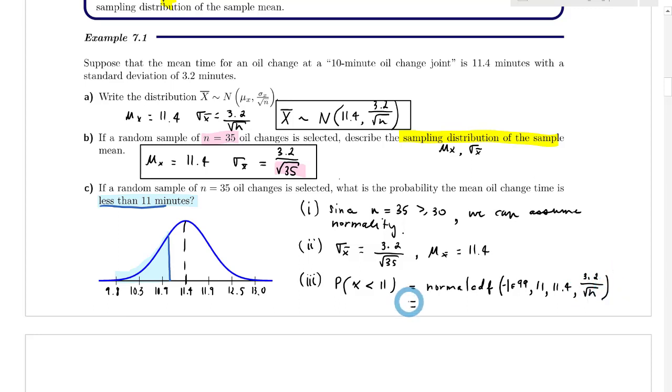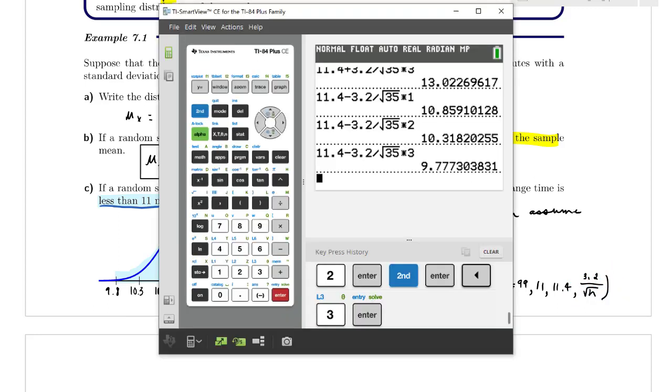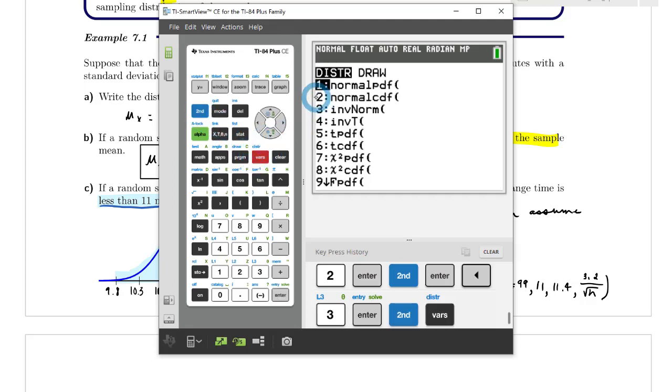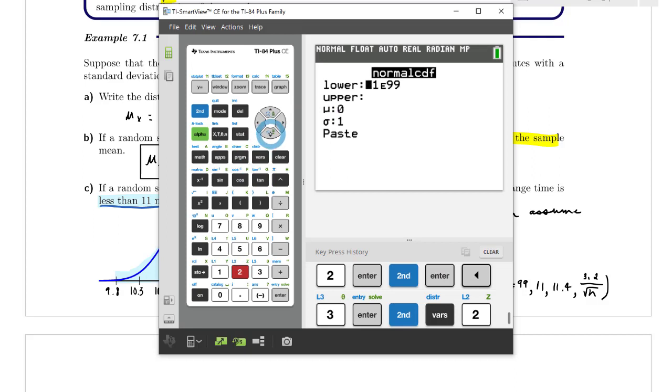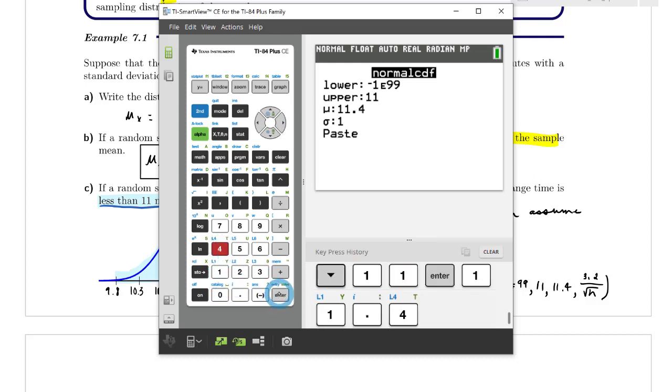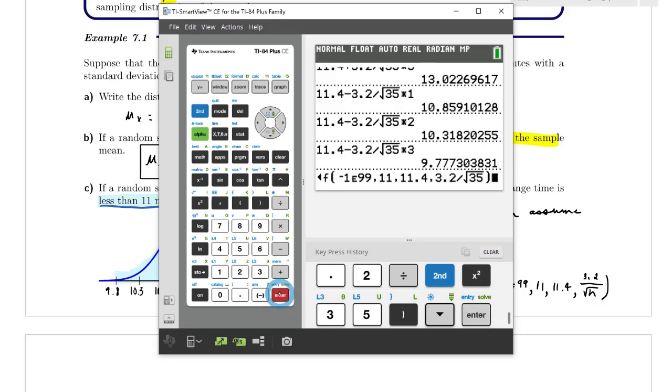Go to your calculator, hit second vars, go to normal CDF number 2, and the lower is already there for some reason. Then I stopped at 11, my average was 11.4, and for my standard deviation, put in the exact value, the square root of 35.